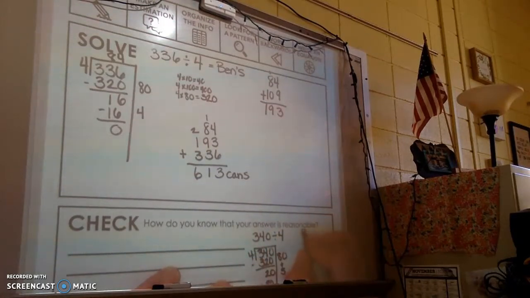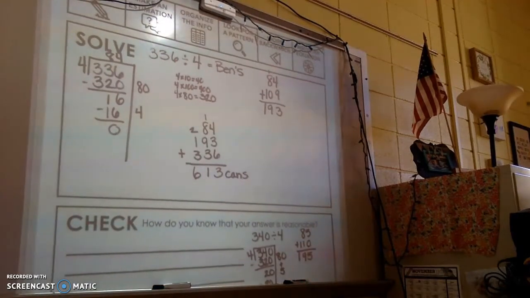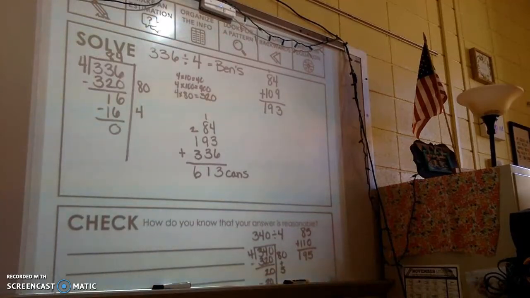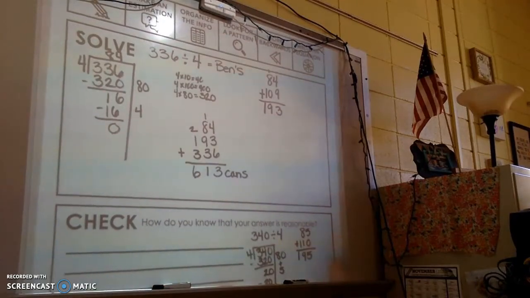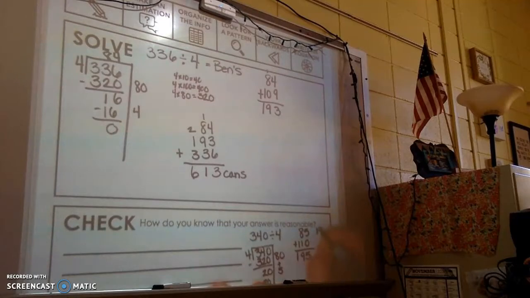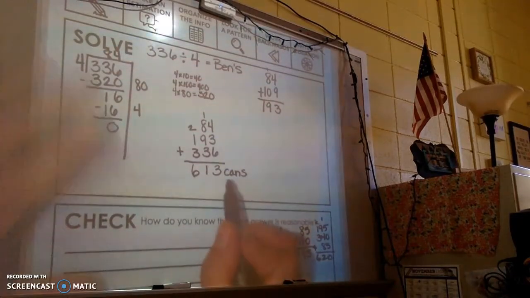So 85, if I rounded 109 to 110, 195, and then if I added 195 plus 340 plus 85 together, that'd be 620, which is really close to the number that I got.